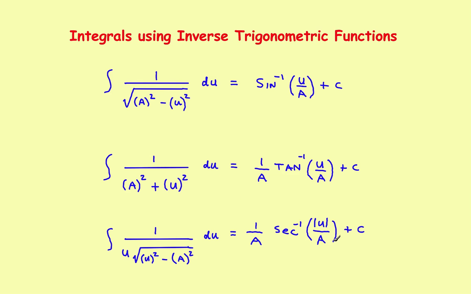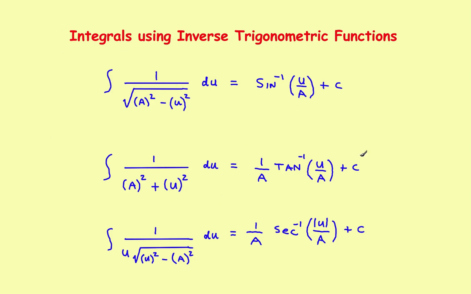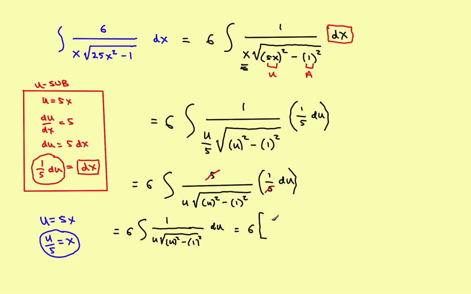So it will turn into this secant. Now it begins with 1 over a. So let's go ahead and remember a is equal to 1. First of all, you've got the constant 6. We'll put that on the outside. So there's the constant 6. Then using the formula, the first thing you need is 1 over a. So in our problem, that would be 1 over, and a is equal to 1.